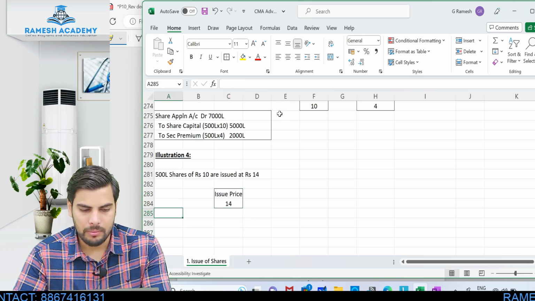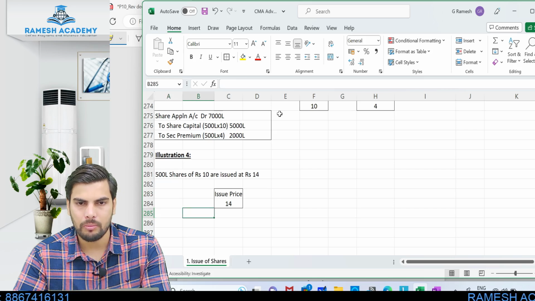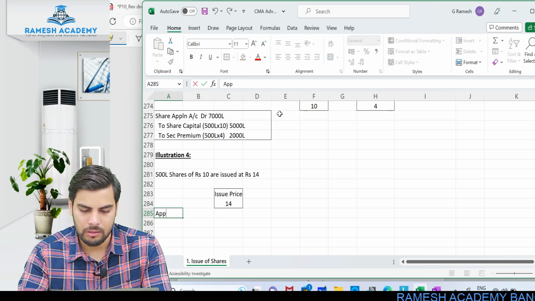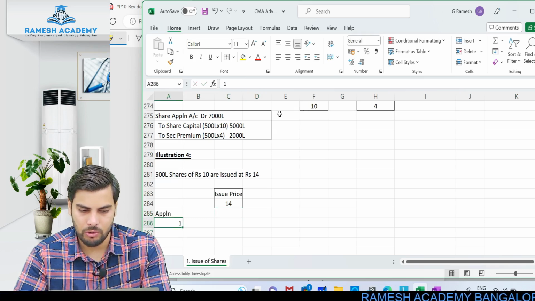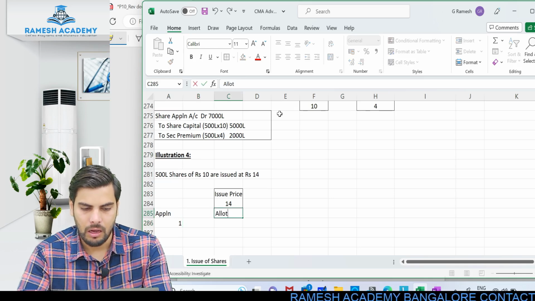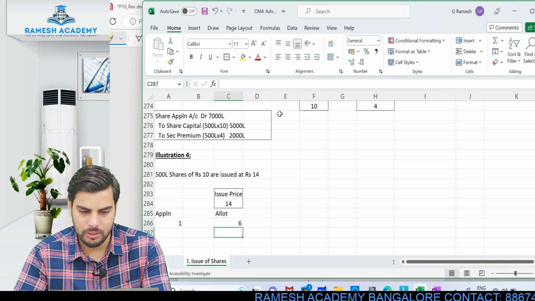So here they have clearly mentioned how much is the application money, how much is the allotment money, how much is the first call money, and how much is the second and final call money. So application money is 1 rupee. Allotment money, they have mentioned as 6 rupees.